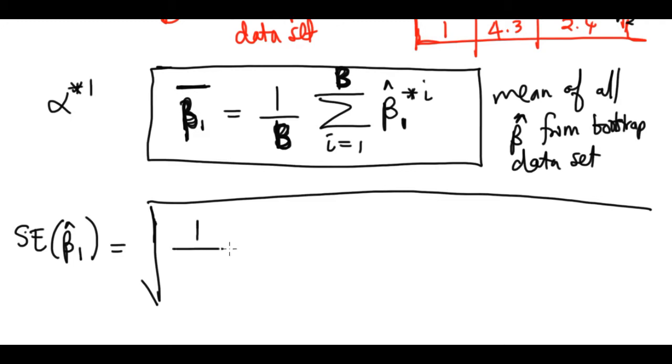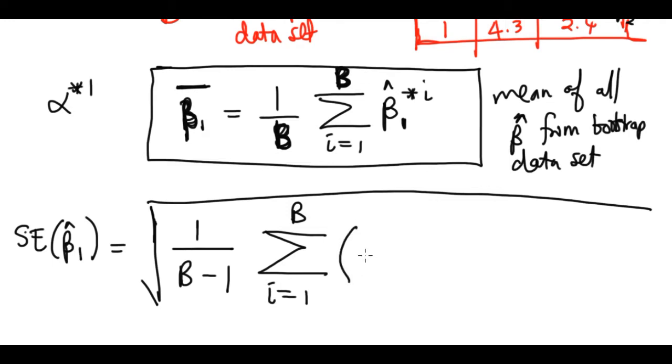1 over b minus 1, the summation of i equal to 1 up to b, just like the previous one. And then here it's going to be beta 1 estimate i minus beta 1 dash, squared, just like that.